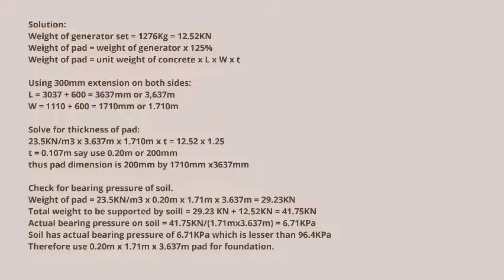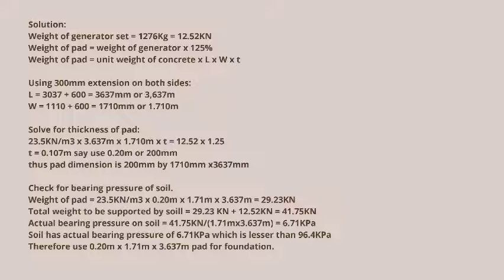Weight of generator set is equal to 1,276 kg, then convert it into kilonewtons, which is 12.52 kN. Weight of pad is equal to weight of generator times 125%.